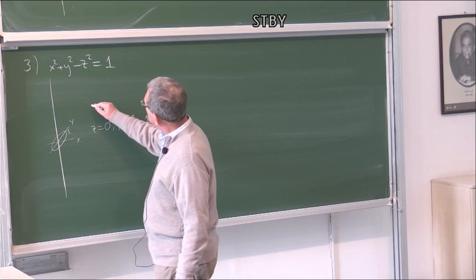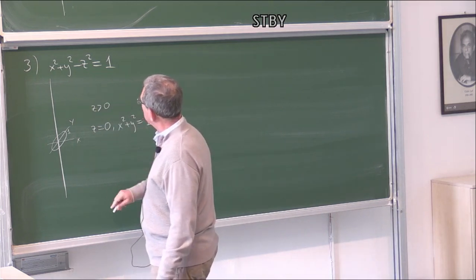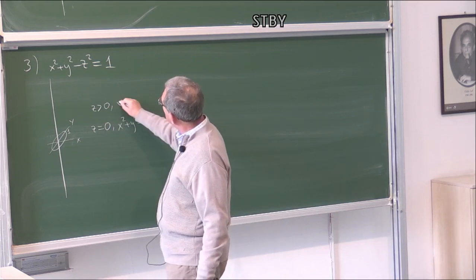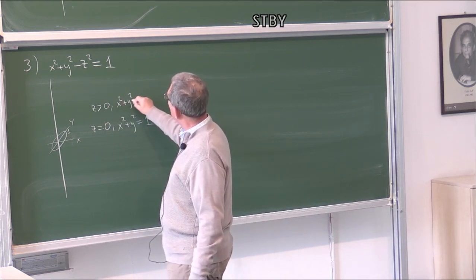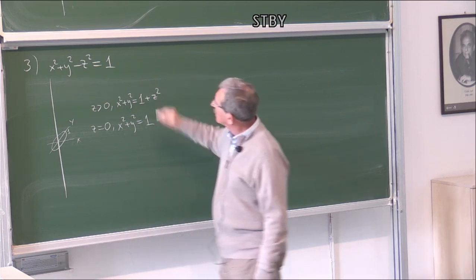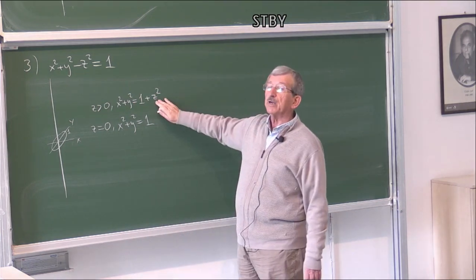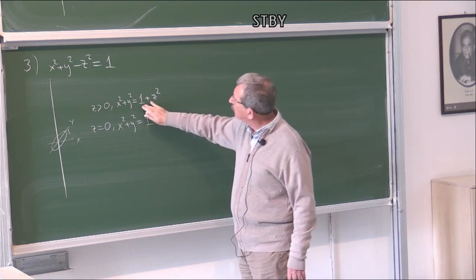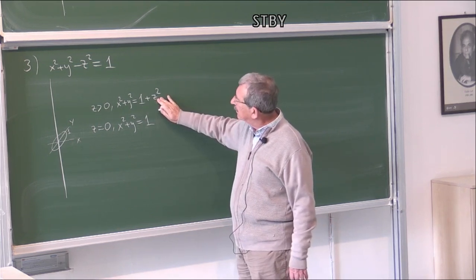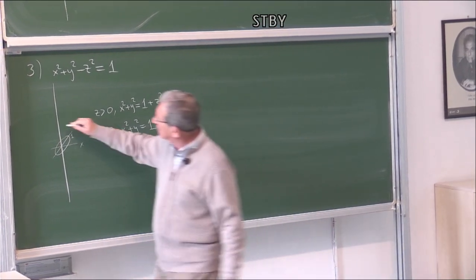Now, let us make z a little bit bigger. Then we get x squared plus y squared is 1 plus z squared. But z is a positive number now, so 1 plus z squared is bigger than 1. This says that z is constant at this level.